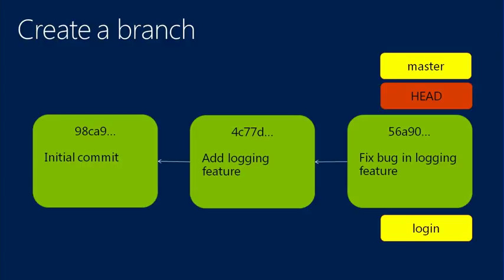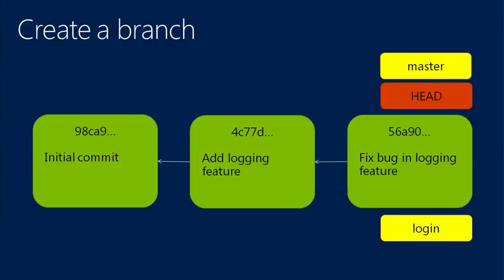Literally, that's just going to take another sticky label and add it to the same commit. So we're now working on 56A90. There are two branches associated with that commit, and that's the one where we're working. That's our head, and we're currently on the master branch.